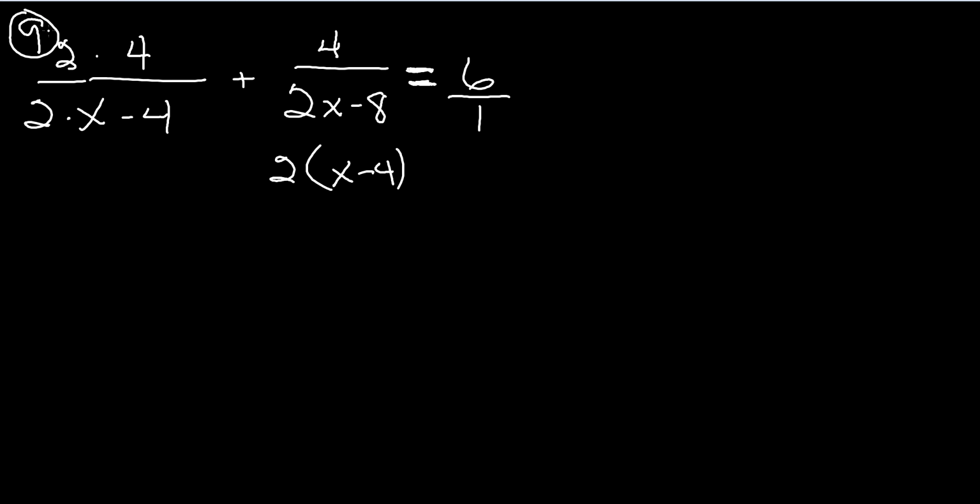First fraction, when I say the first one. Second fraction we leave alone, and the right side, the 6 over 1, I'm going to multiply top and bottom by 2 times x minus 4. The whole thing, 2 times x minus 4.